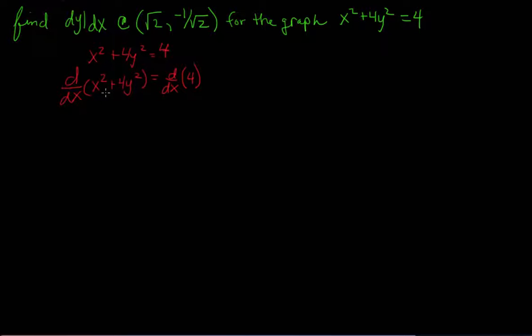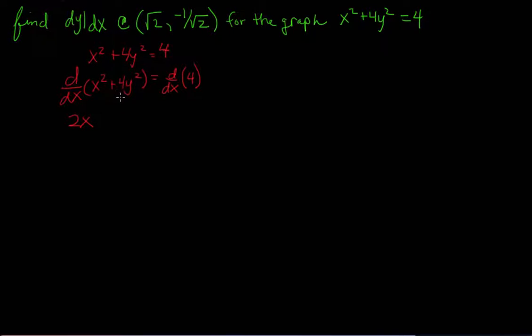Remembering that anytime we take the derivative with respect to x of a piece of the graph that has an x in it, we just take the derivative of it. So d/dx of x squared gives me 2x.